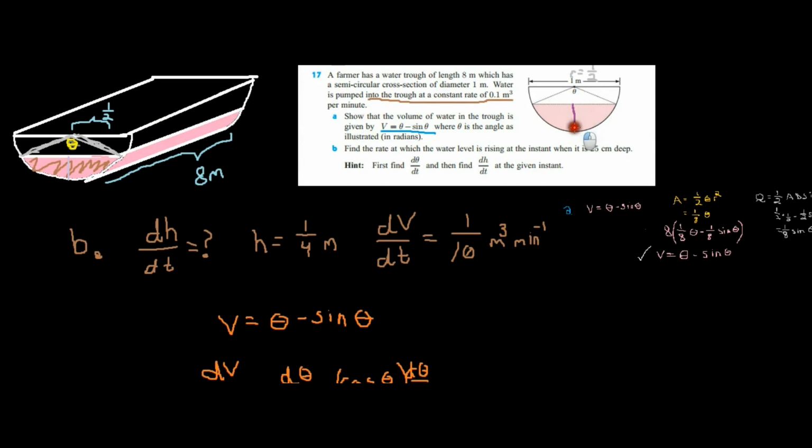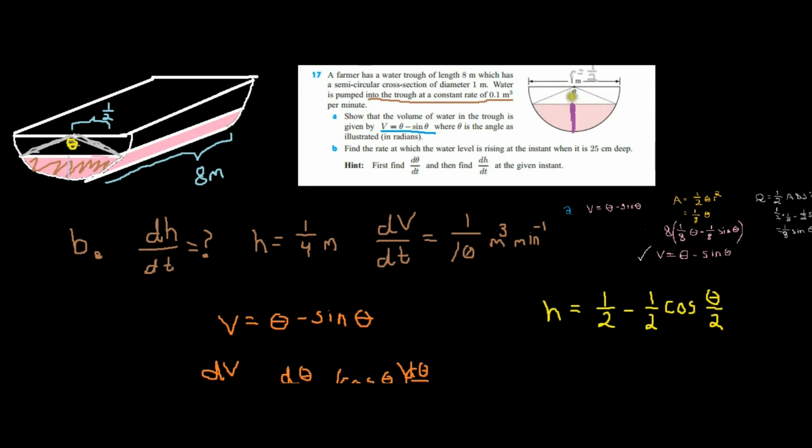h is this length right here, the water level. h is equal to 1/2 minus, well, it's minus this length right here. And we can recognize that as 1/2 cosine of theta over 2.